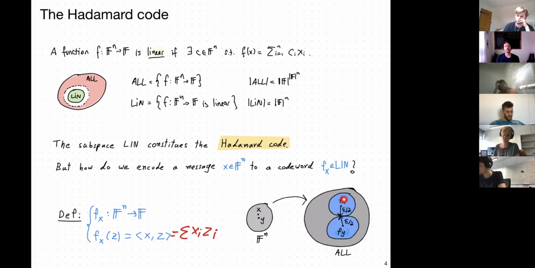So what is f of x? I take this function f of x, and I evaluate it over all possible z's. How many z's are there? Each z is also an element of F to the n, so there are F to the n of them.